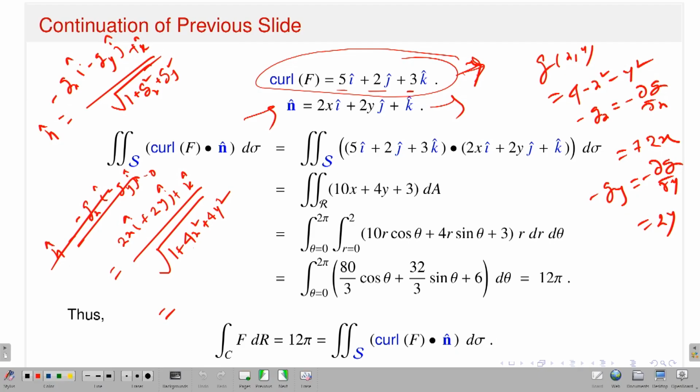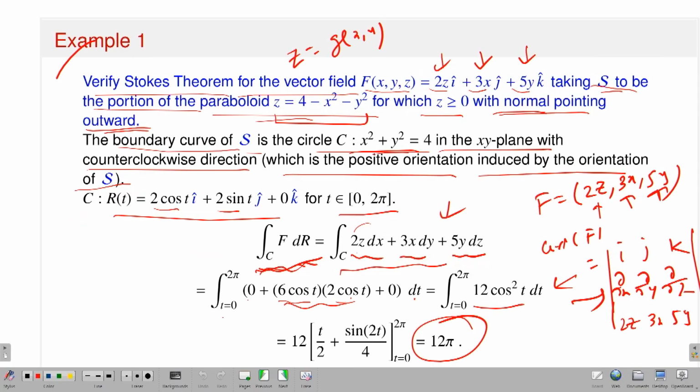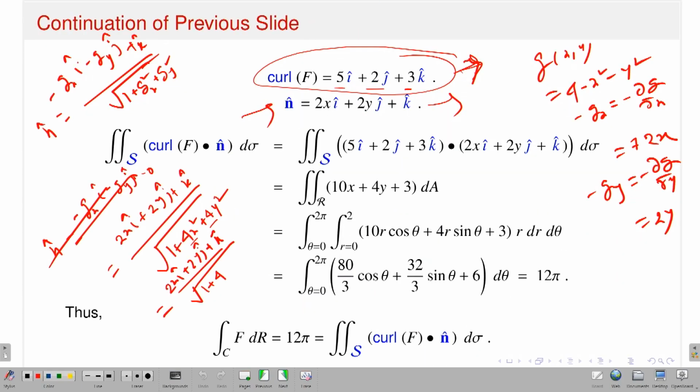So 1 plus 4x square plus 4y square, that is 1 plus 4 times x square plus y square, which is equal to 4. That should be a factor of something. It is not normalized.